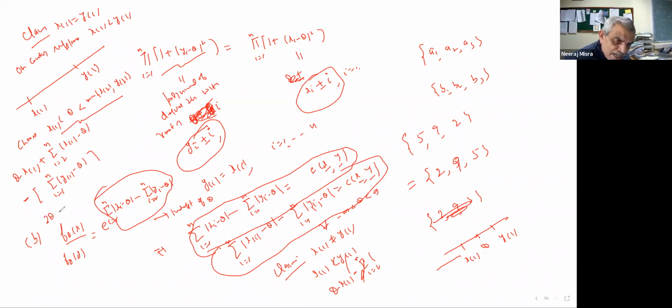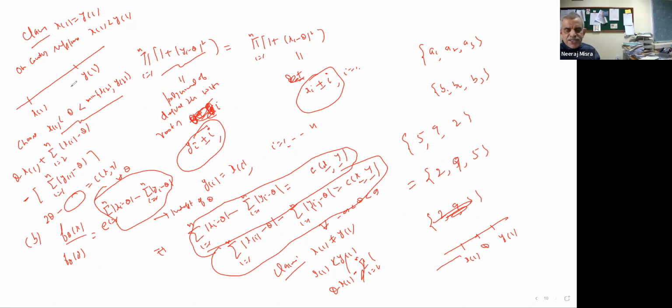So you get 2 theta minus some terms involving x and y, which is the same as a constant c(x,y) for every theta. But that cannot happen because this is an interval, and in an interval this cannot be a constant function because theta is varying. So you get a contradiction, so x1 is the same as y1.